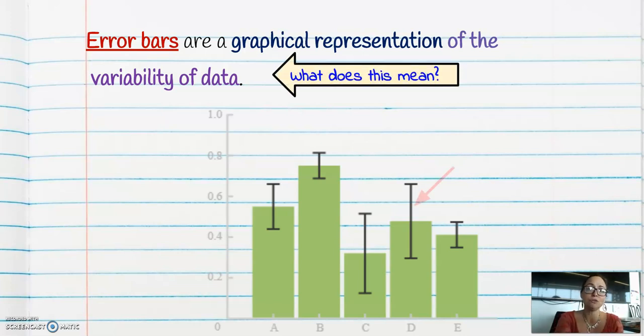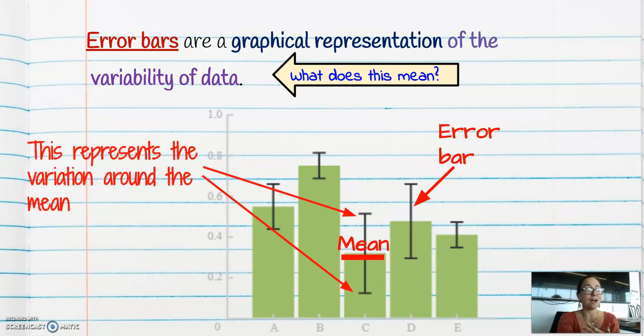So we're going to use error bars in order to show the variability of the data. If you have your mean or your average in a bar graph, you know the average, but these bars that we add show the variation around the mean, like their spread to find that average.